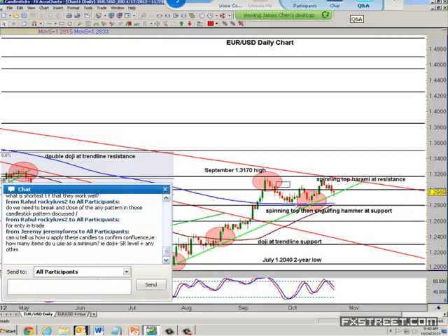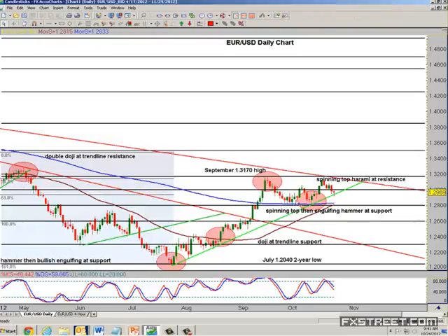So talk about confluence. This is a really good confluence here. So we have a pullback move that goes back to 128. Not only is it 128, it's also the 200-day moving average. And then it goes back again to the same approximate level, 128, which is again still at the 200-day moving average, but it's also this uptrend line right here.